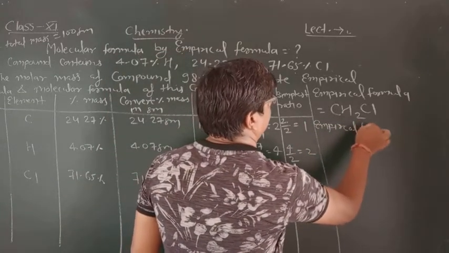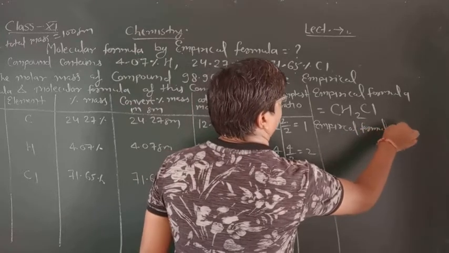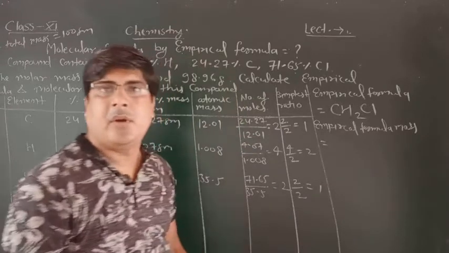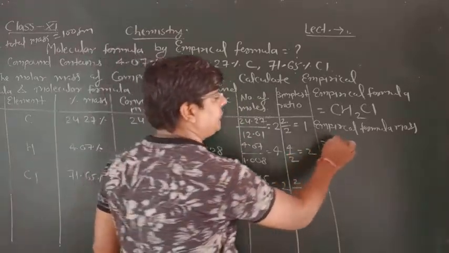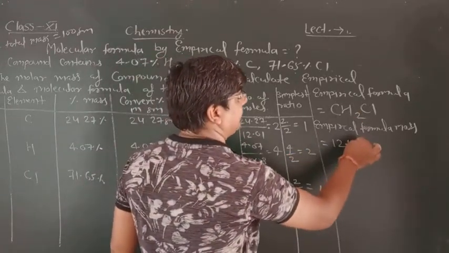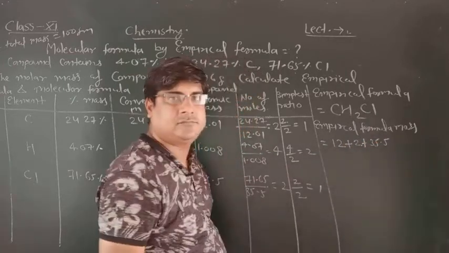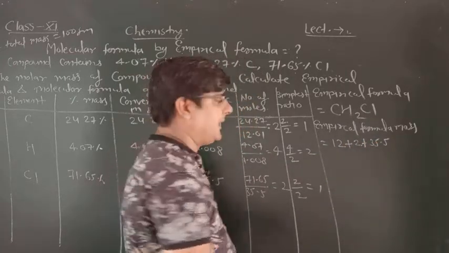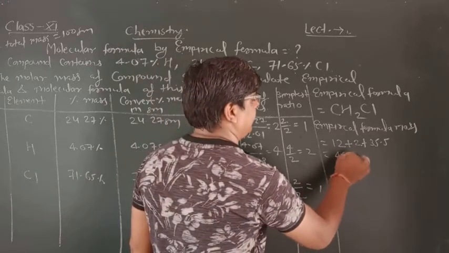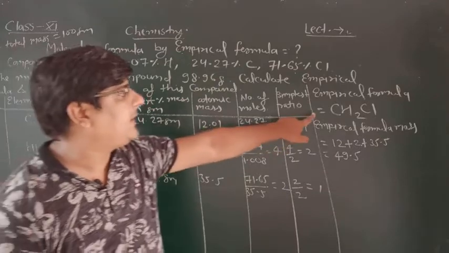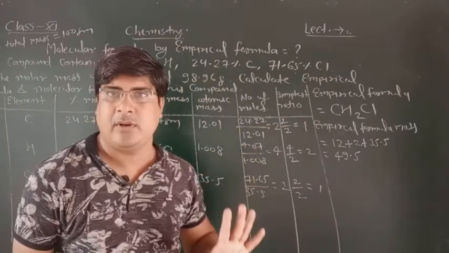The empirical formula mass will be 12 plus 2 plus 35.5, which equals 49.5.